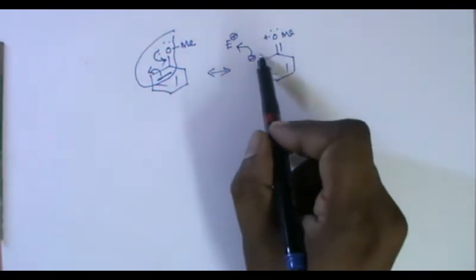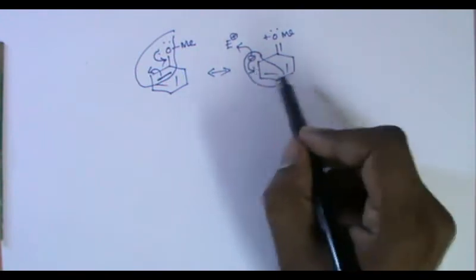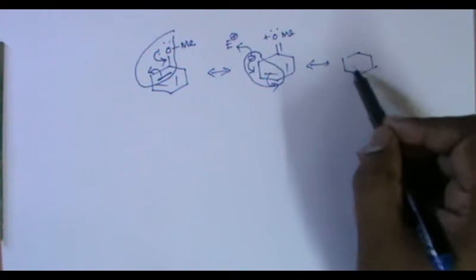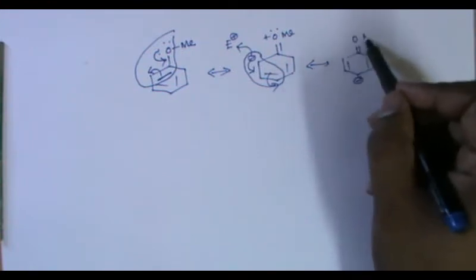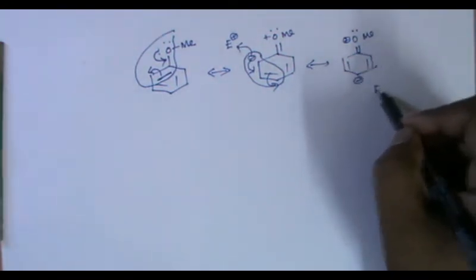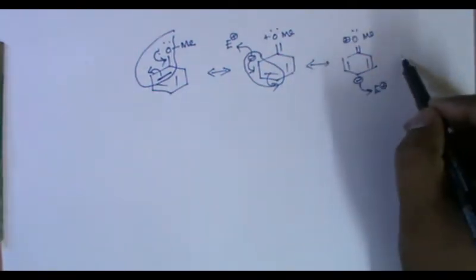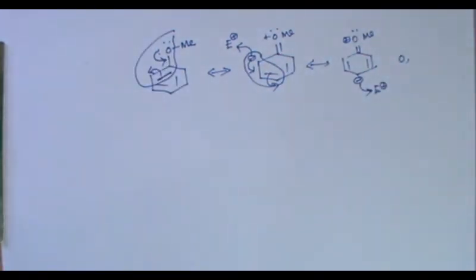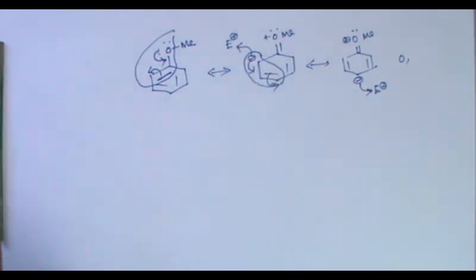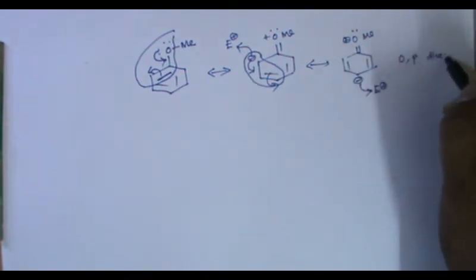If you look at this further, this is an allyl anion, so this may fall here. What we get is the minus charge on this carbon. So again it can attack an electrophile to give the product. So when there is OMe, we get more negative charge on the ortho carbon and para carbon, so they are ortho para directing.